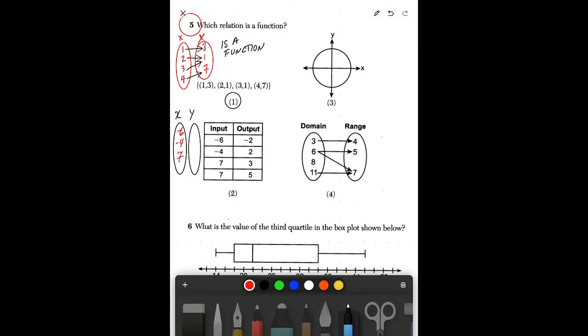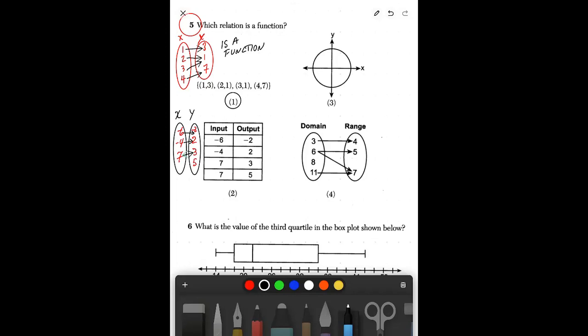And then the outputs would be -2, 2, 3, and 5. Now I'm going to map them. -6 goes over to 2. -4 goes to -2. This one goes to 2. So far, so good.